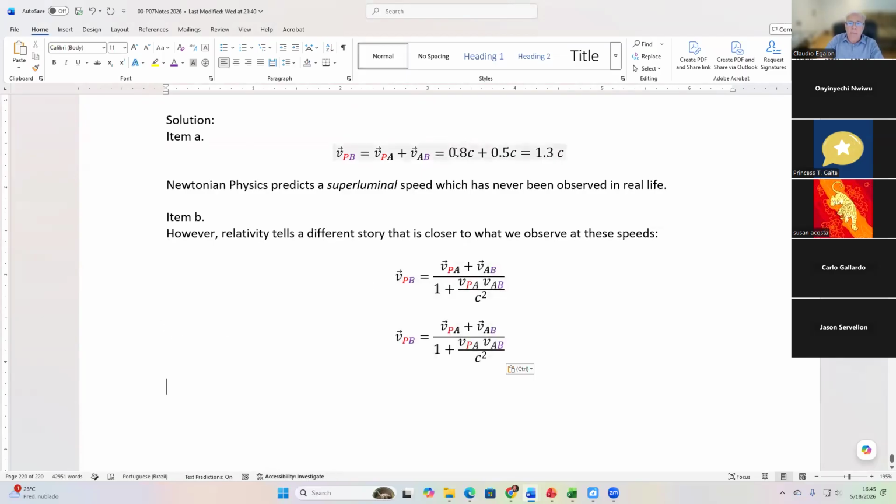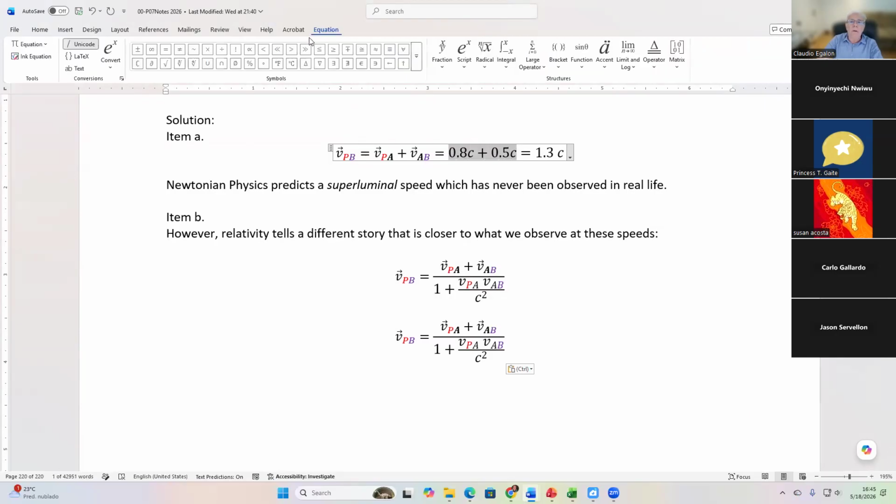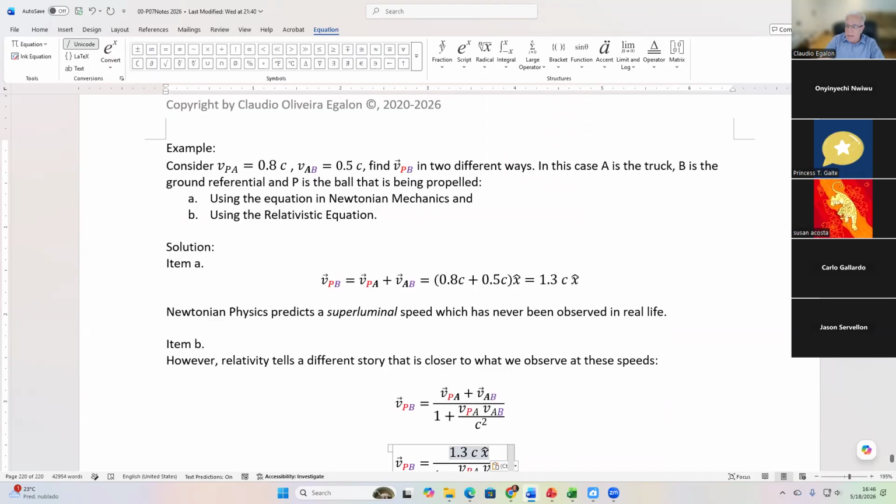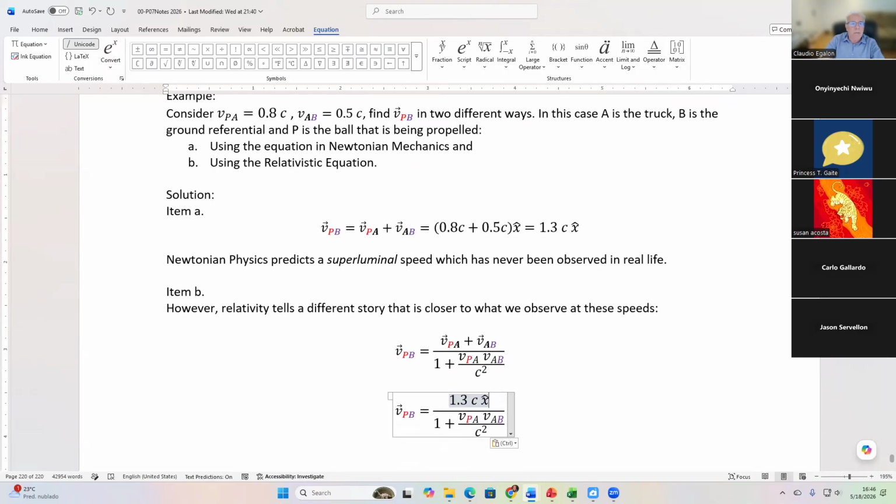And let's not forget too that we must have x hat here. VPA is 0.8 C, VAB is 0.5 C.